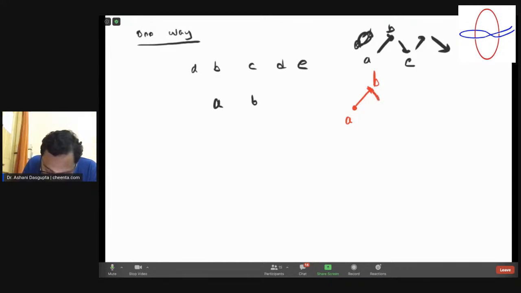So maybe it's here, or maybe it's here. Can anyone tell me, visually speaking, what do I mean by these two different positions of C?